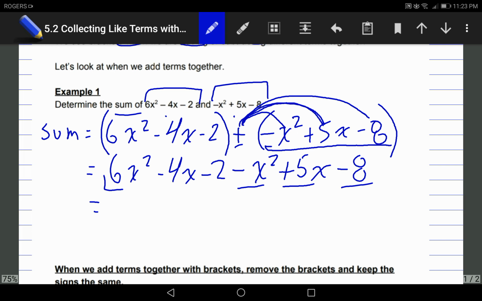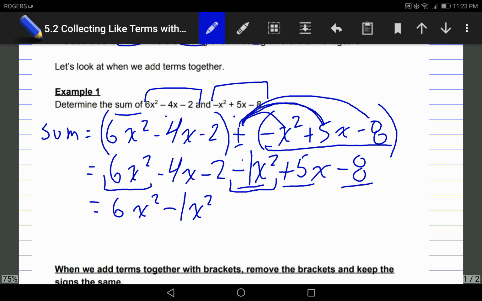Let's do 6x squared and combine that with minus x squared. So 6x squared. And now remember, if you don't see a number in front of your x, assume that it is a 1. Okay, so it's minus 1x squared.